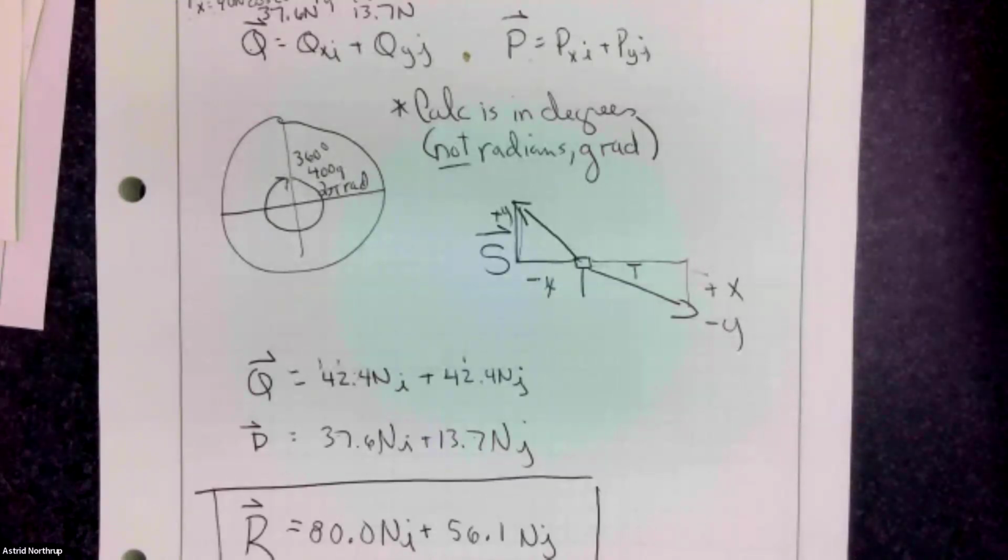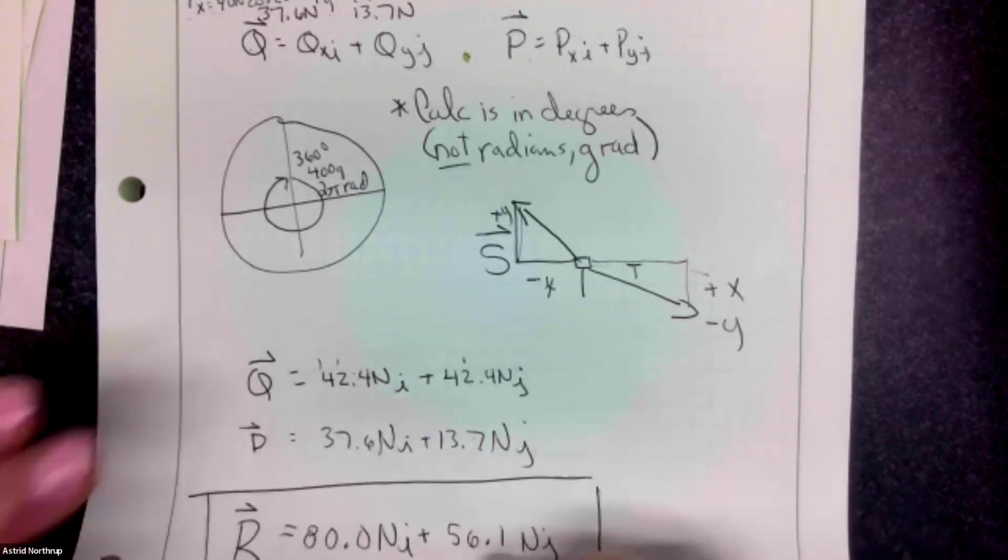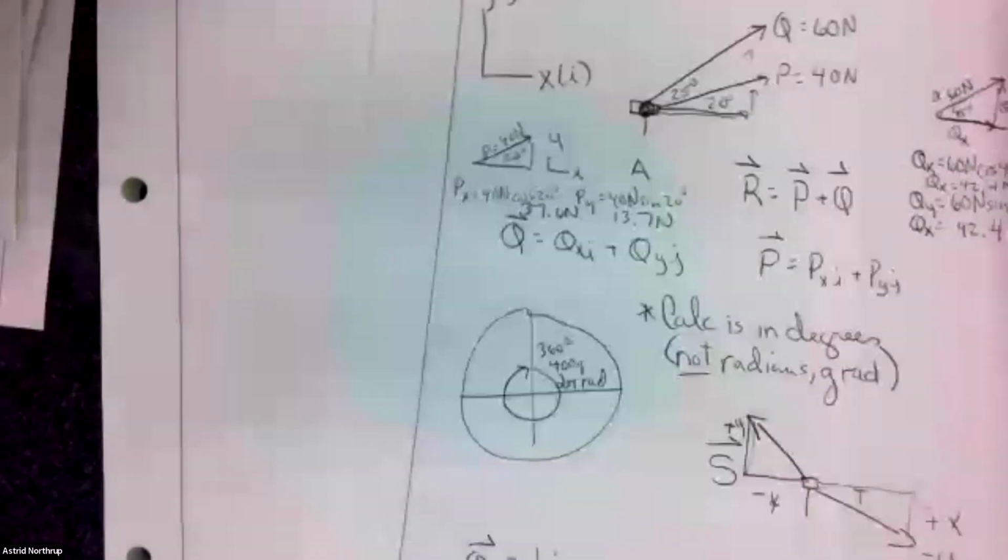Sometimes that comes in handy, but it's a different way of reporting a resultant. Okay, so what we'll do here is I'll write out my numbers again. The resultant is 80 newtons I plus 56.1 newtons J. All right.